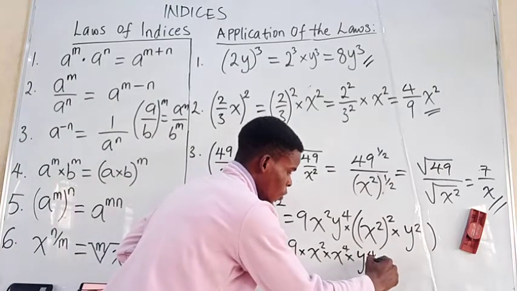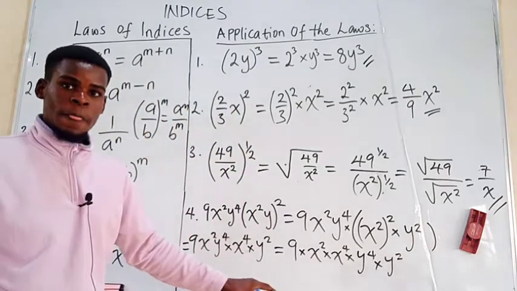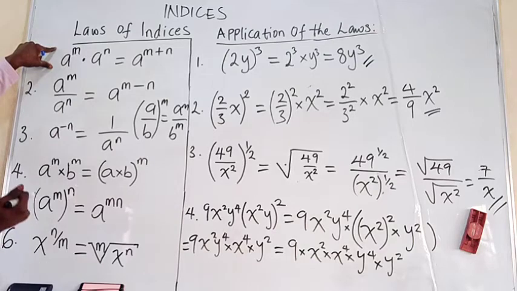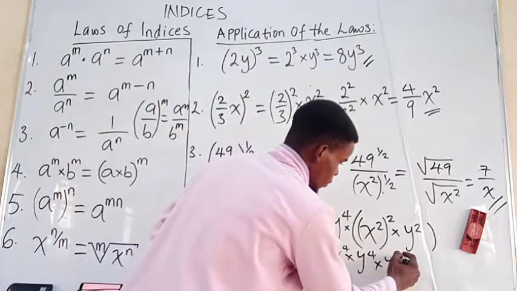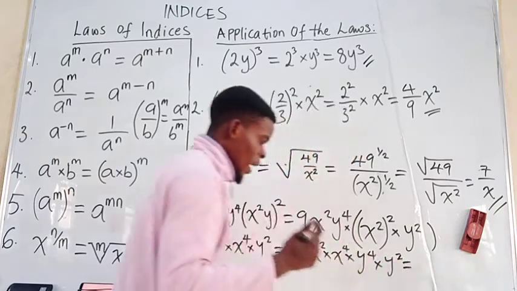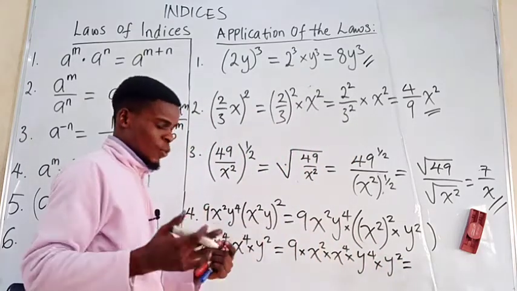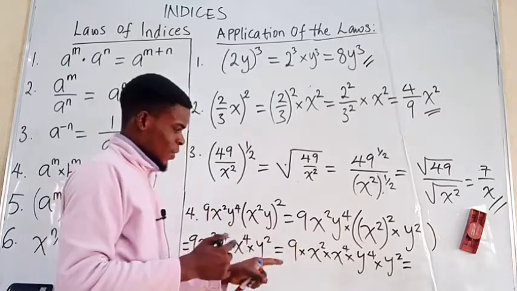Y to the power 4 times y to the power 2. I'm actually doing this because I want to get this form where when we multiply same bases, we just add the powers, alright? When we multiply two numbers which have powers, okay, we just add the powers, provided that the bases of those numbers are the same.